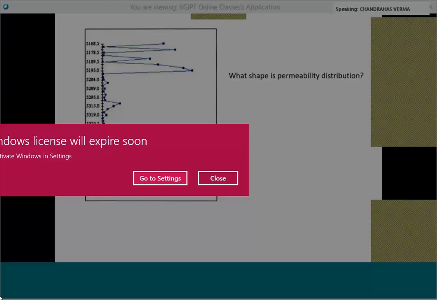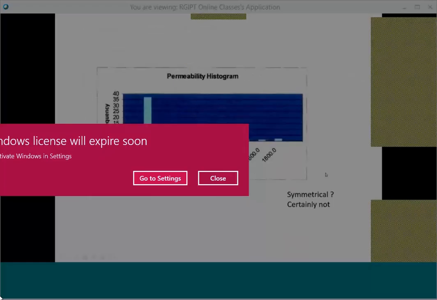Sir, in this also, first we make a histogram and see what the frequency is. So if you plot this on a histogram, this is how it's going to look. Okay? And of course, it's not symmetrical. Probably you are going to use some kind of log normal distribution.